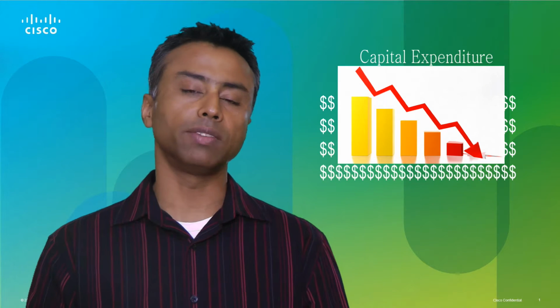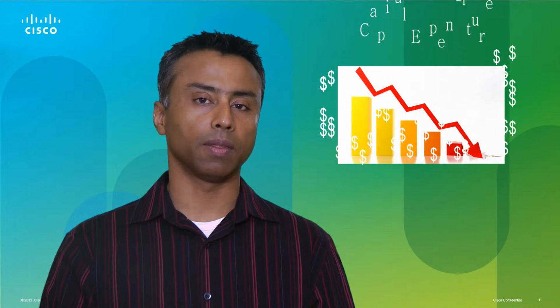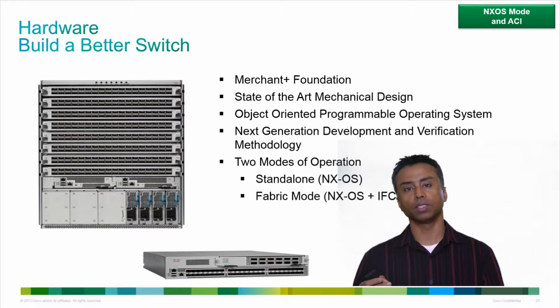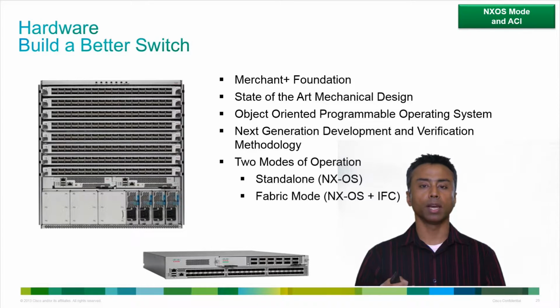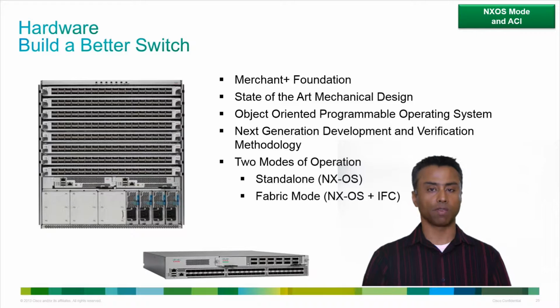ACI also drives down the capital expenditure for our customers as well. The Nexus 9000 was designed with this concept of a merchant plus strategy, which includes the majority of the components being off-the-shelf merchant ASICs, thus driving down the cost of the switch itself for our customers.